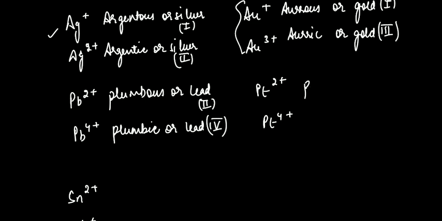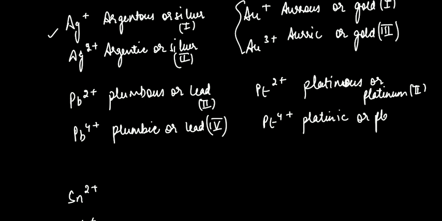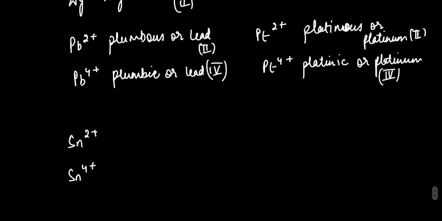Then we go to platinum, platinous, that is your lower valence, platinic, or you can write platinum, Roman numeral 2, Roman numeral 4.